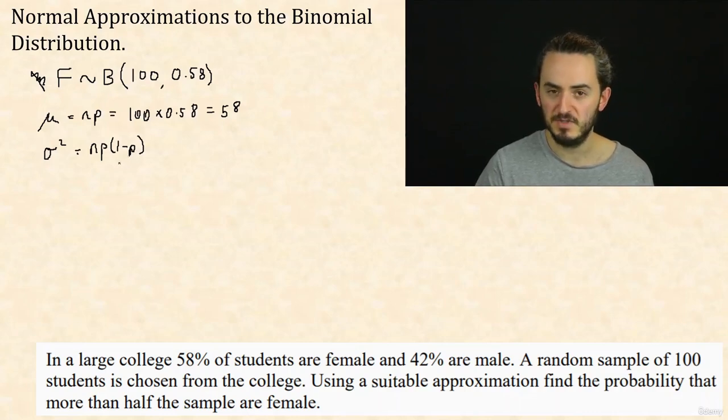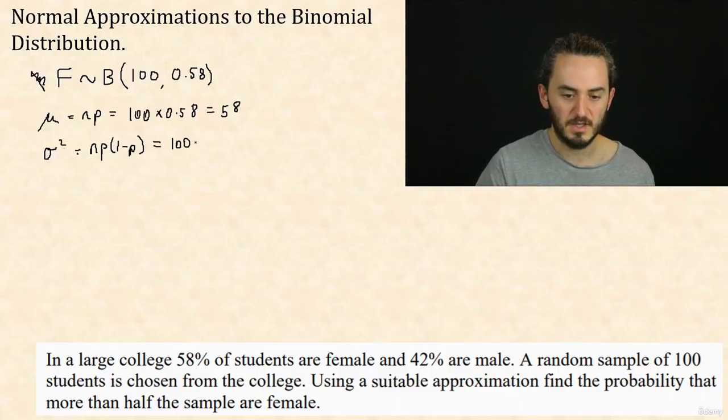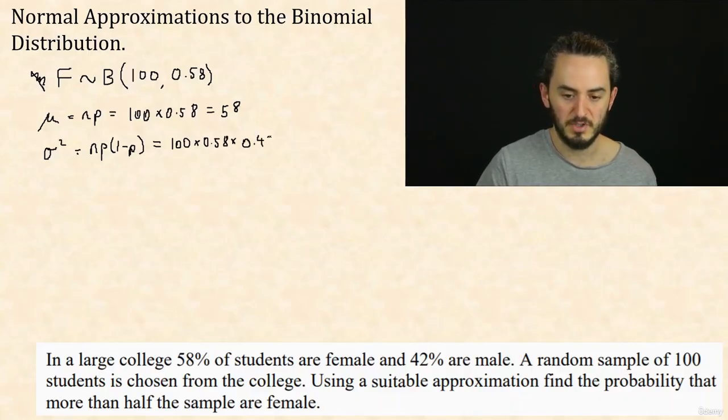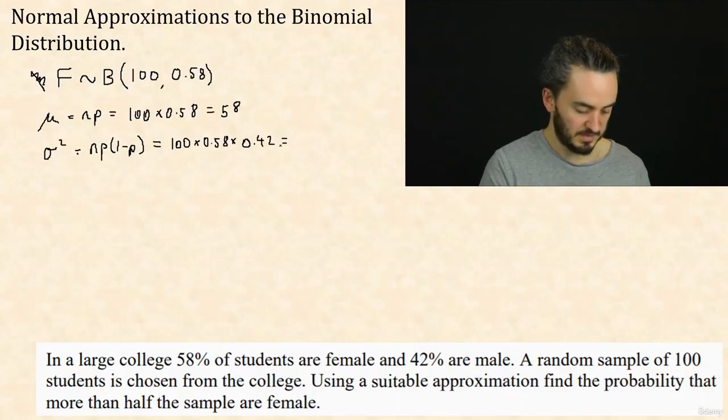Some people like q, so you sometimes see that written as npq. I prefer to just keep my variables to a minimum. So it's 100 times 0.58 times 1 minus 0.58, 0.42. And this I can't do in my head. 0.58 times 0.42, and this is 24.36.